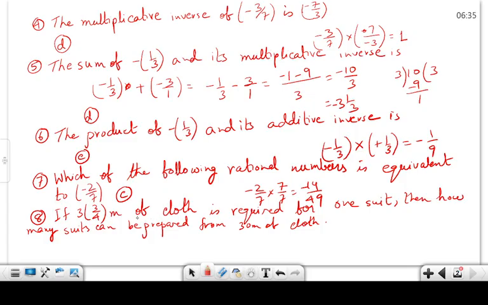Three whole 3 by 4 meter cloth is required for one suit. Then how many suits can be prepared from 30 meter of cloth?